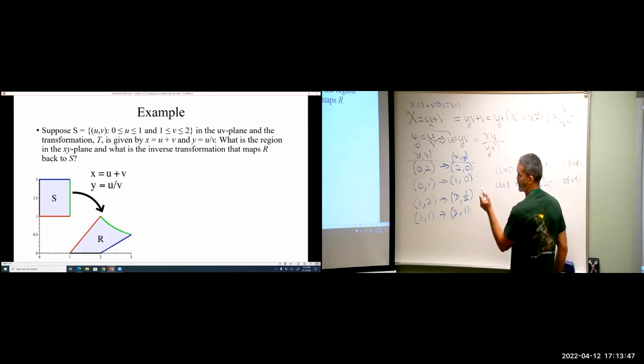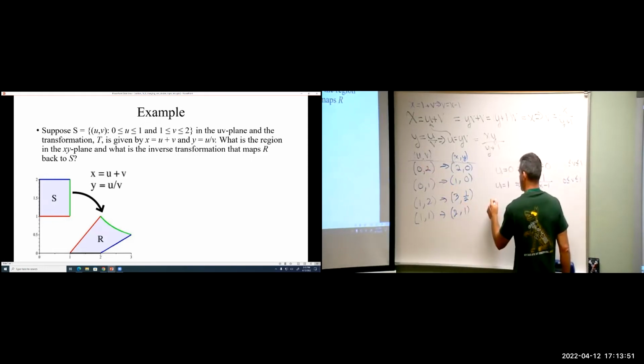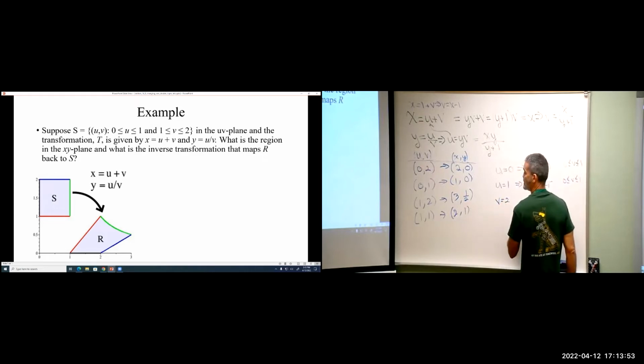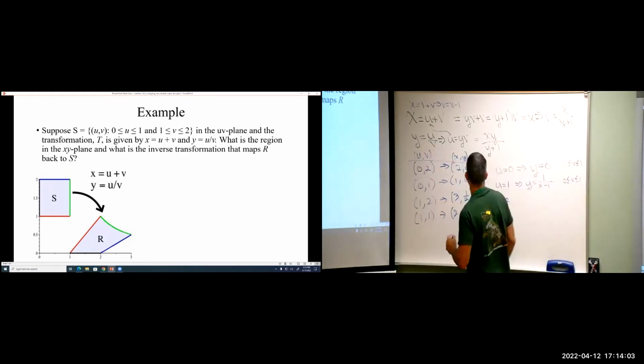So notice if we're on that blue line in the rectangle, that v is equal to 2. So if we have v equal to 2, then we know two things.